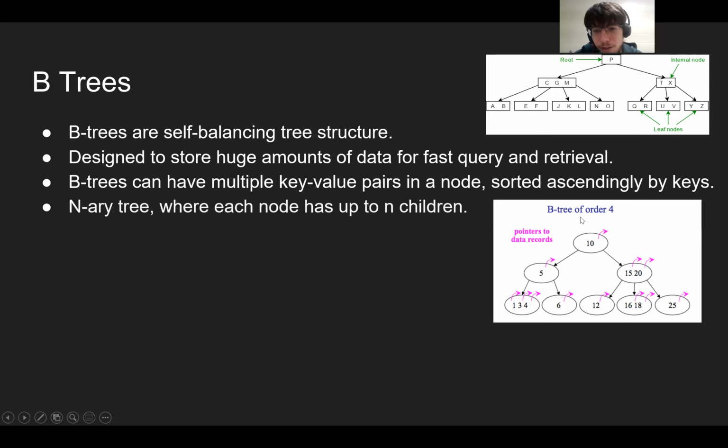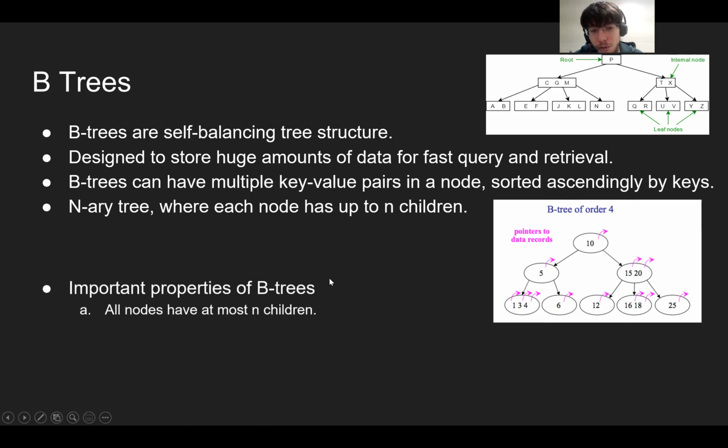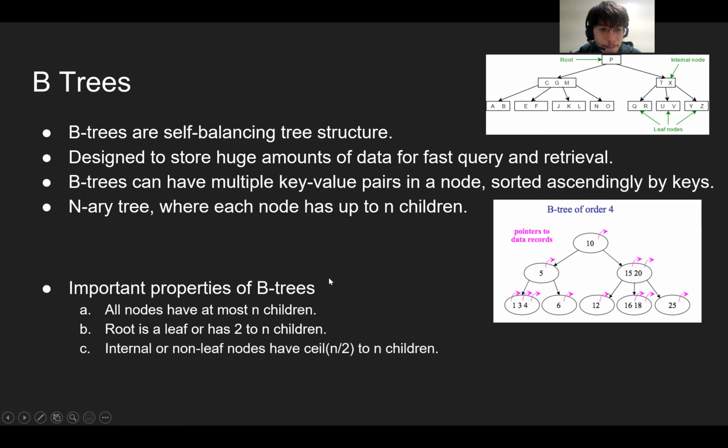It's an n-ary tree, has up to n children, and important properties are all nodes have at most n children. The root is a leaf or has somewhere between 2 and n children. And internal or non-leaf nodes have ceiling of n over 2 to n children. So they have no fewer than ceiling of n over 2, and at most n.